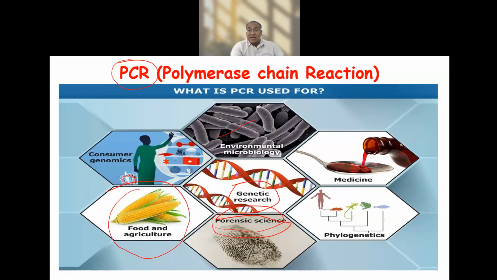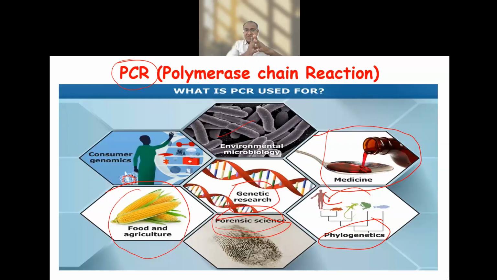Then phylogenetics also: from where the humans have come from these vertebrates, the whole phylogenetic structure I can find out. And then for us, which is very important, is that particular point, what we call medicine. We had a discussion on that. Any medicine I am preparing here, the vaccines I am going to prepare, or any medicine, and antidotes which are being prepared by me, have a very important role.